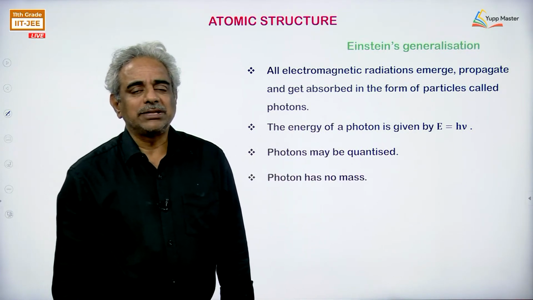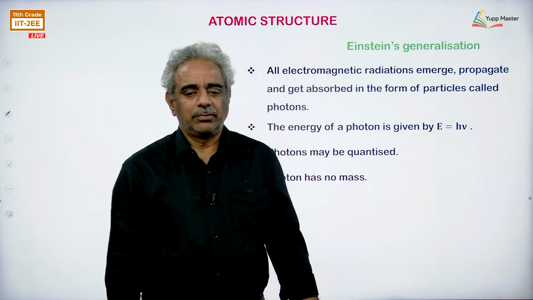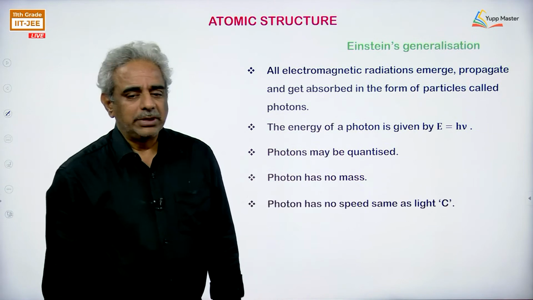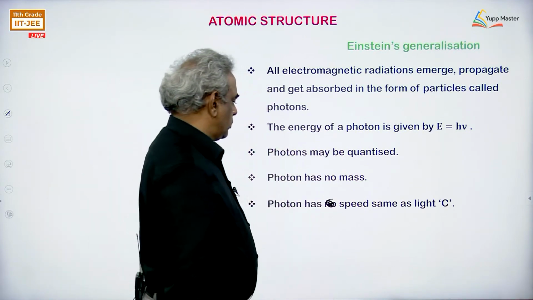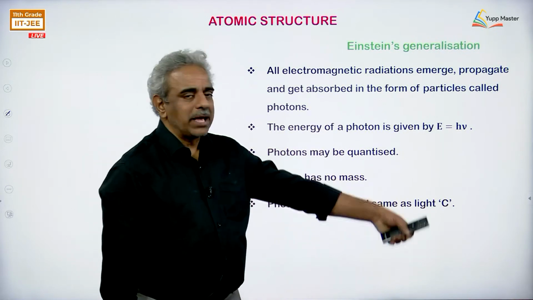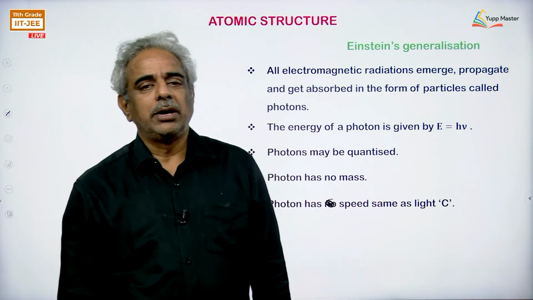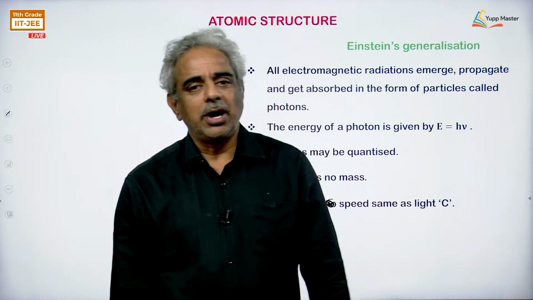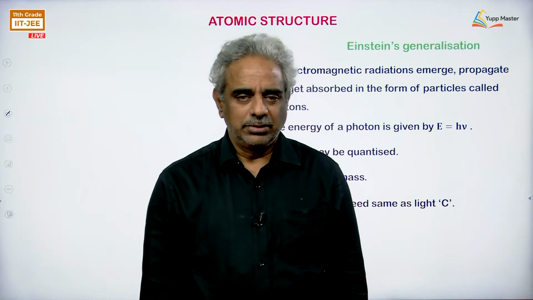Photon has no mass, photon has velocity c. Photon has speed same as light. Every photon, red photon, blue photon, yellow photon, gamma photon, all will have the same velocity as light.